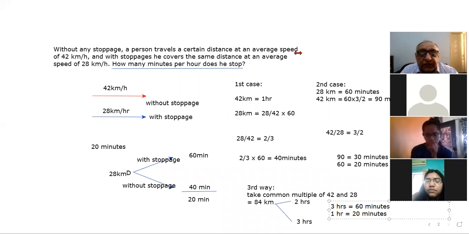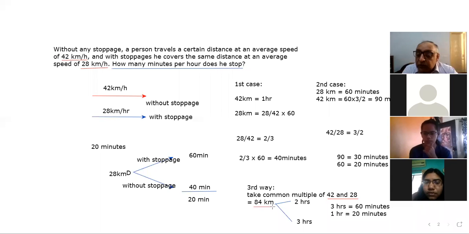I am repeating the third method. In the question it is given that one person walks the distance of 42 kilometers without stopping, and the second person walks the distance of 28 kilometers in 1 hour in the same time with stopping. We have taken the common multiple of the two, 42 and 28, that is 84.